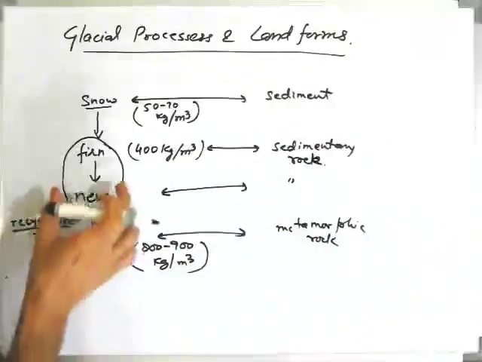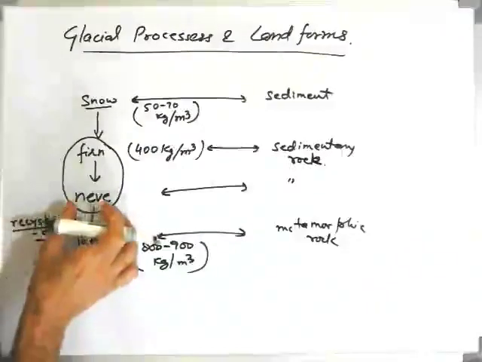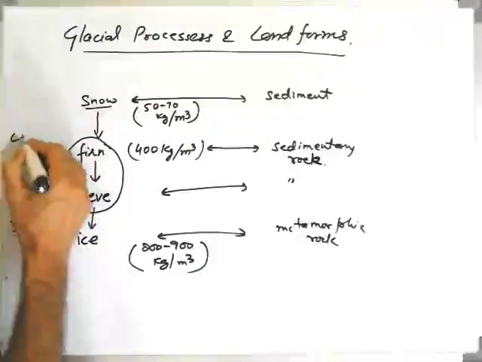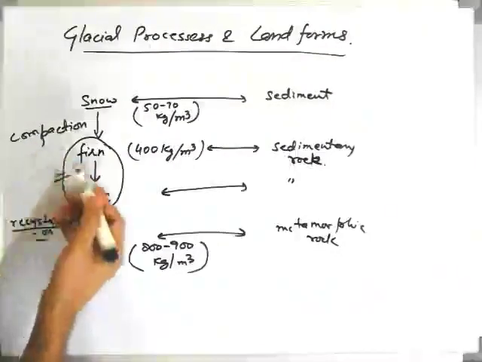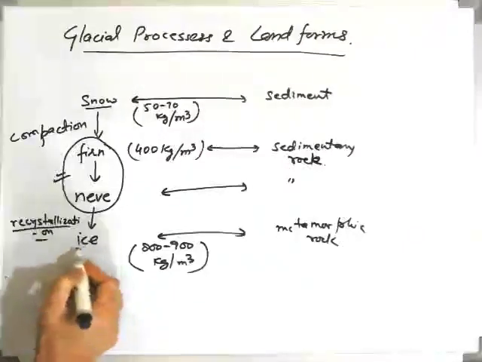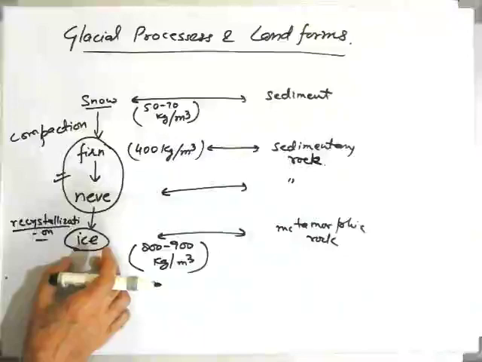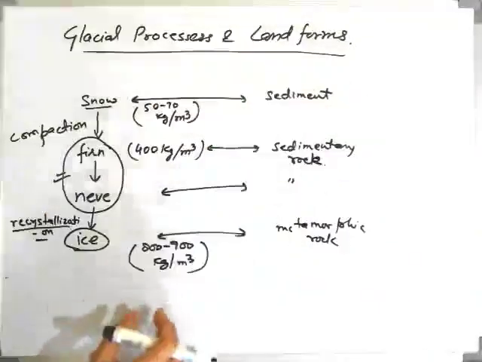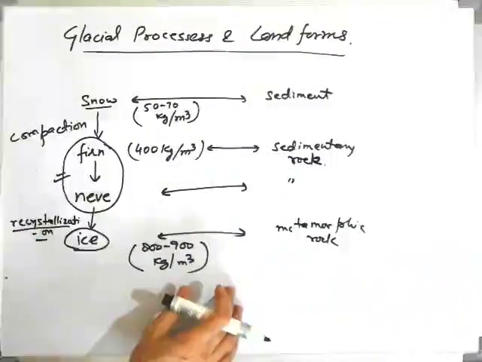Similarly, here also, for firn or neve, at this stage there is just compaction. Compaction is involved, and beyond this stage recrystallization is involved in the conversion to ice. So basically, ice is a metamorphic rock. Snow is basically sediment, and firn or neve is comparable to sedimentary rocks.